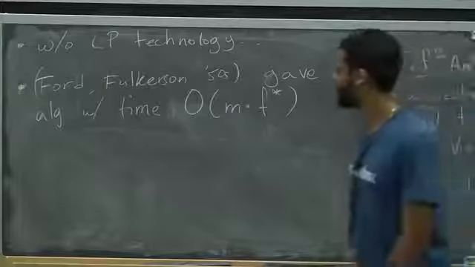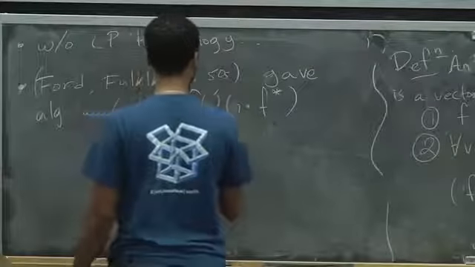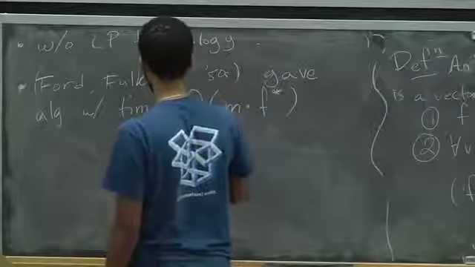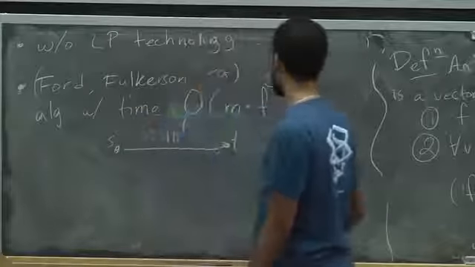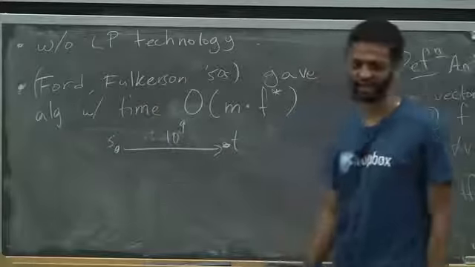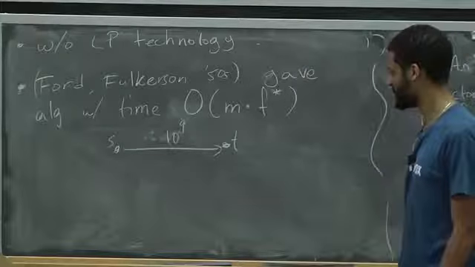So for example, imagine, well, their algorithm would actually do great on this graph, but imagine I have S, T. According to this bound, their algorithm could take time 1 billion, even though the graph has 2 vertices. I'm not going to describe their algorithm, it wouldn't take 1 billion steps on this graph.